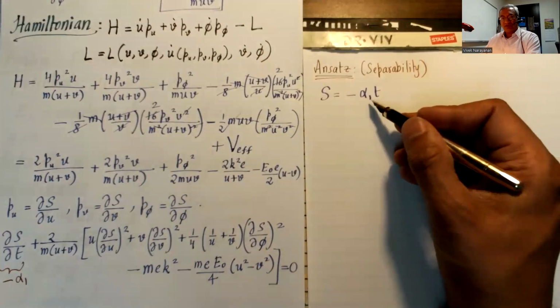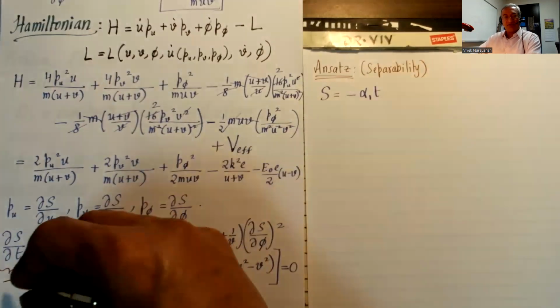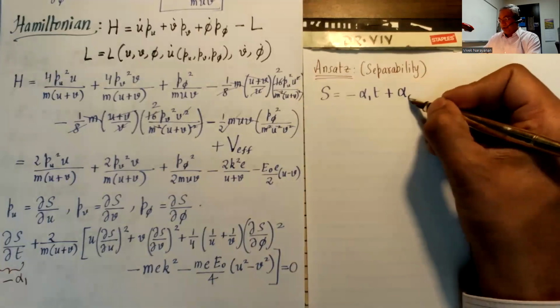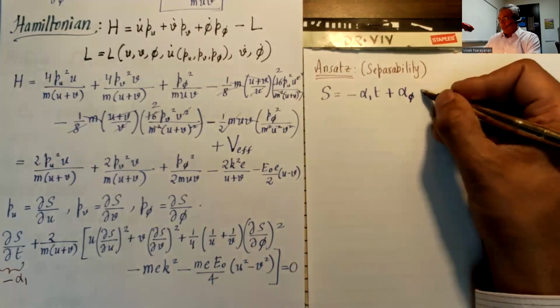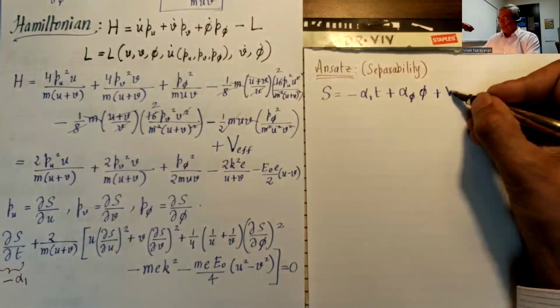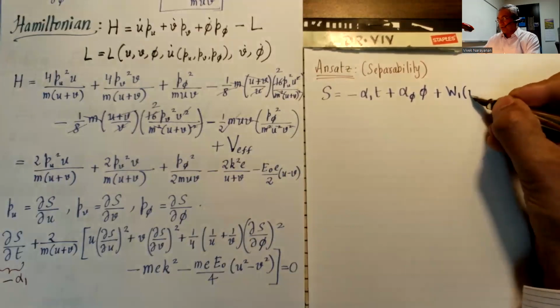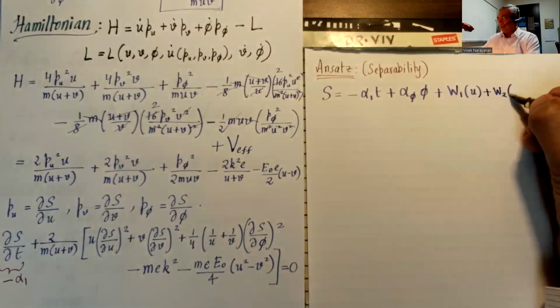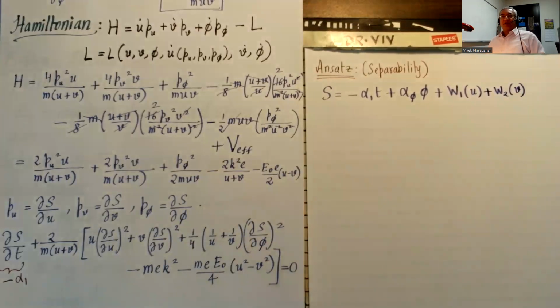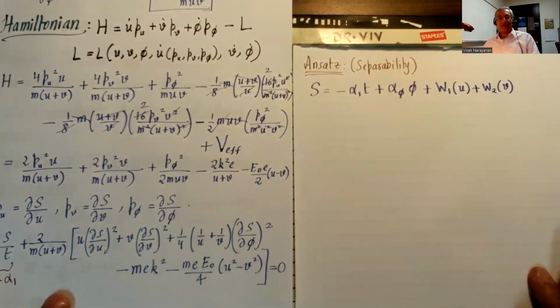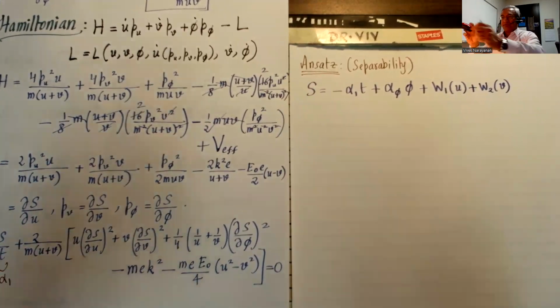Well, that makes sense because the partial derivative of s with respect to time is precisely negative alpha 1 as we wanted. And then alpha phi, the conserved momentum in the phi direction, times phi. Plus, we're going to assume that there's a Hamilton characteristic function that only depends on u. And then there's a Hamilton characteristic function that only depends on v. So this separability ansatz actually works in the parabolic coordinate system. That's the entire reason to be in the parabolic coordinate system.